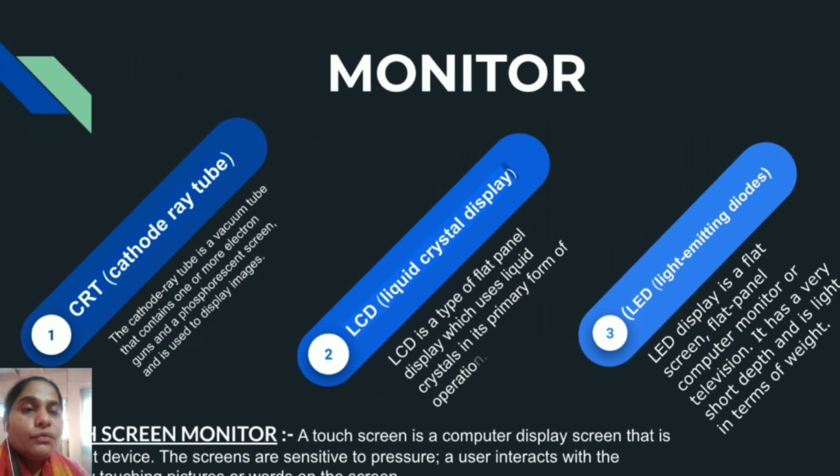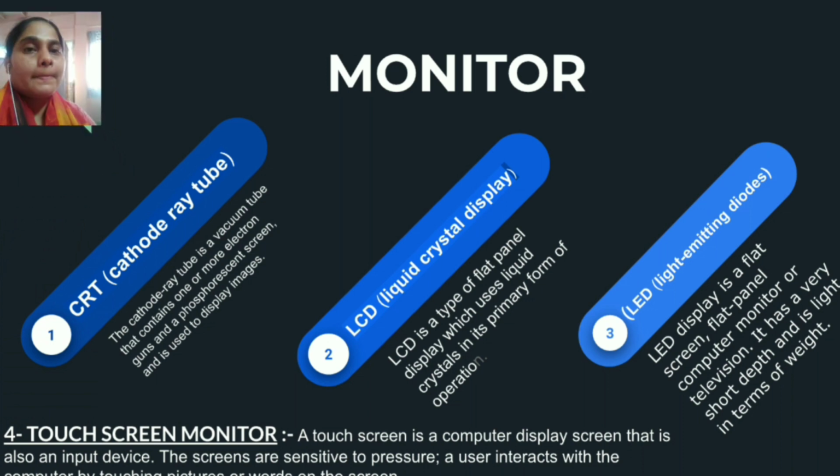Now we should discuss the monitors. As we have learned in the last slide, monitors have three types. One of them is CRT, second LCD, and third LED. First CRT. CRT stands for cathode ray tube.